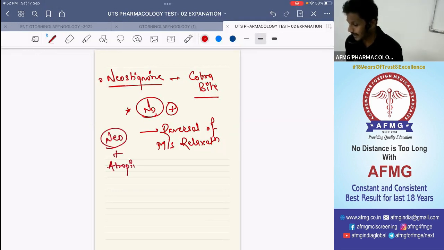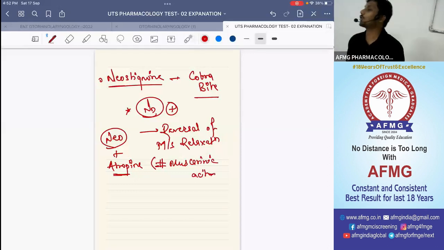Why atropine is given? To block the muscarinic activity of neostigmine. Please remember, because atropine is a muscarinic blocker or a muscarinic antagonist. So whether in cobra bite or in cases of reversal of muscle relaxation, always give neostigmine along with atropine.